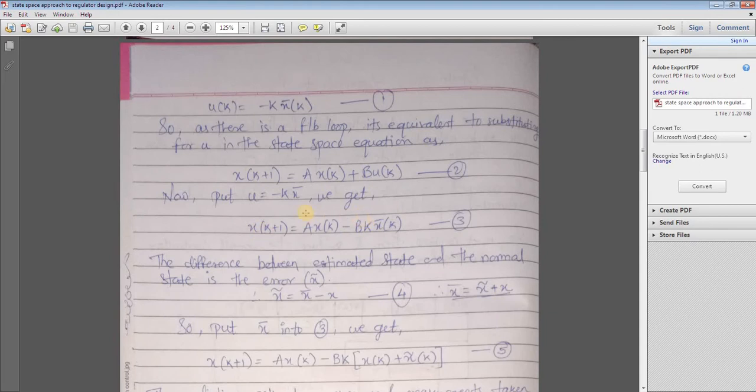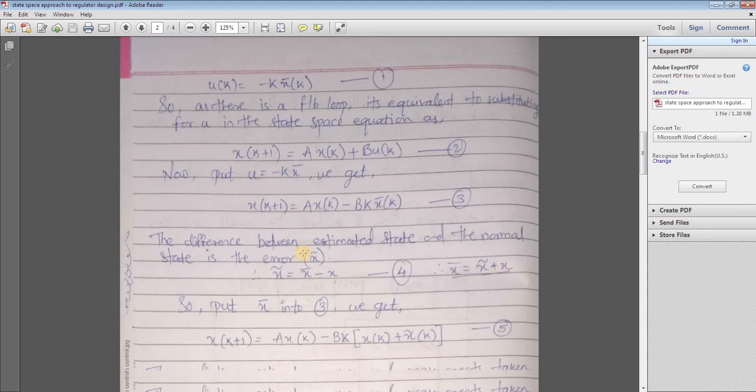Now for the design purpose, we require the difference between the estimated state and the actual state, which is the error x tilde. This is the error, which is the difference between the estimated state and the actual state. So x bar can also be written as x minus the error, that is, the actual state minus the error.